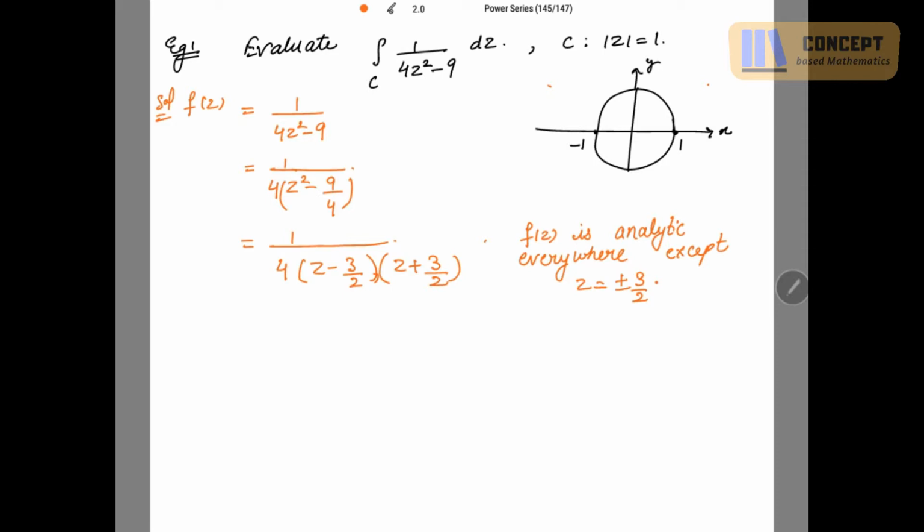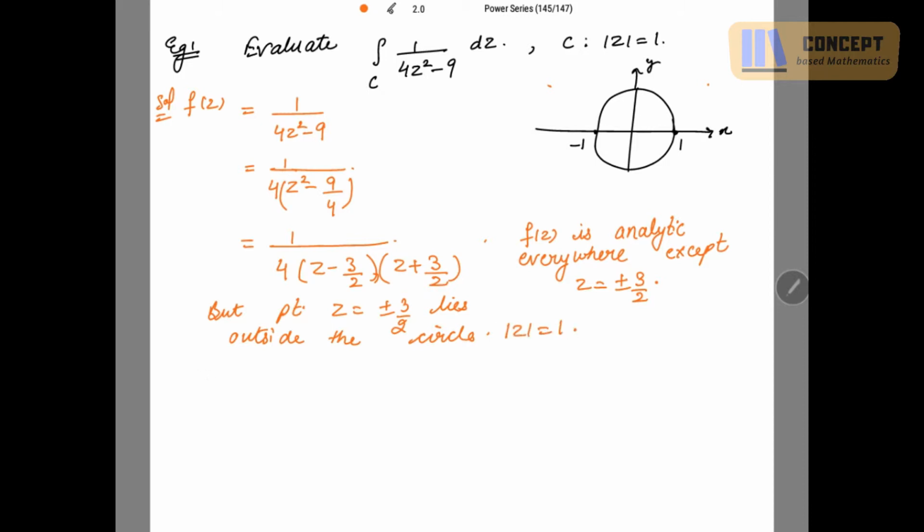So both the points lie outside the circle. So I should write that the points z equal to plus or minus 3 by 2 lie outside the unit circle.